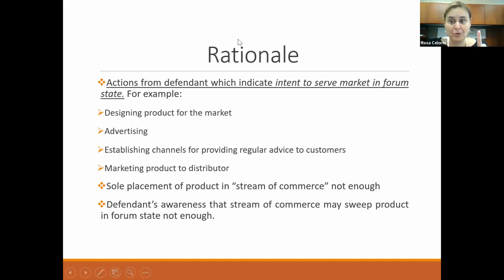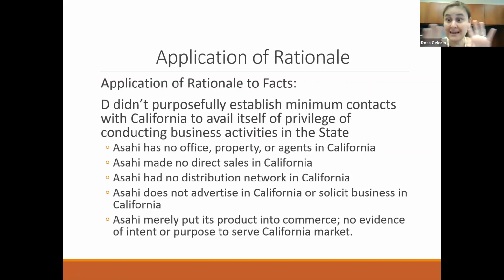I will give you an example. In the US Supreme Court decision that you had to read, there's not only a description of this rationale and legal reasoning, but there's an application of that legal reasoning and rationale to the facts of the case, to what happened to Zurcher and his wife in the motorcycle accident.